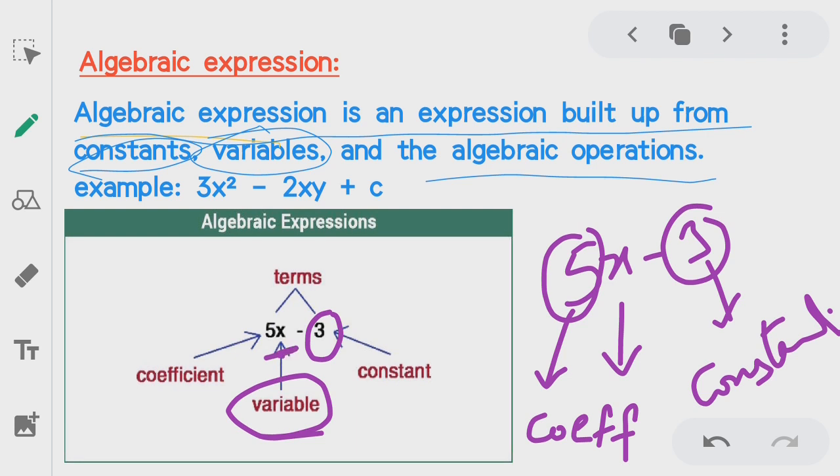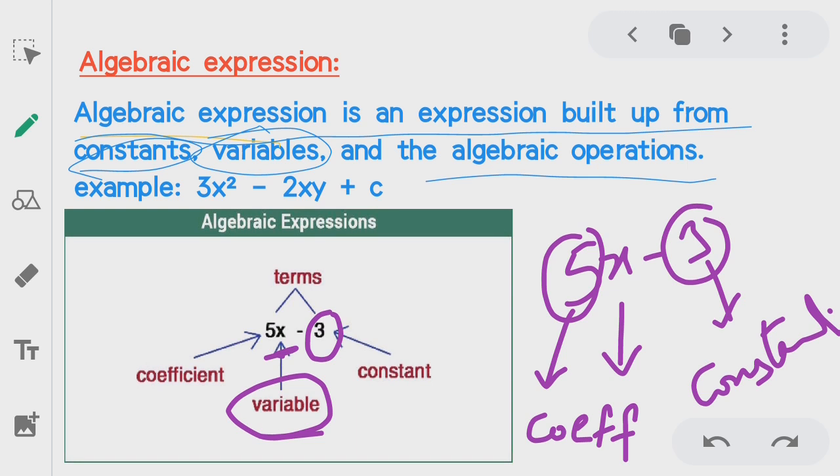And algebraic operations. What is the operation here? Minus. These are the three main things that we have to observe in an expression. What should it contain? Constants, variables and arithmetic operations, or algebraic operations.